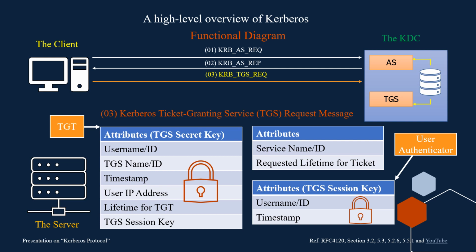So it will protect the TGS from replay attack. After that, the TGS will generate two more messages, and it will send the messages to the client so that the client can communicate to the server for services.